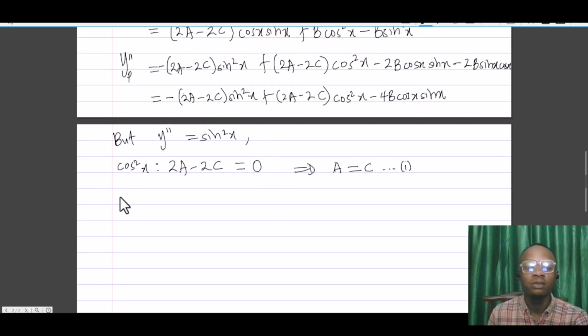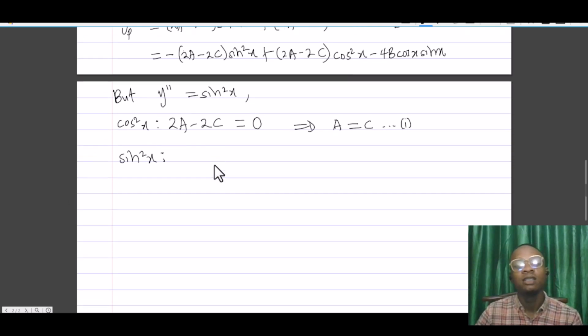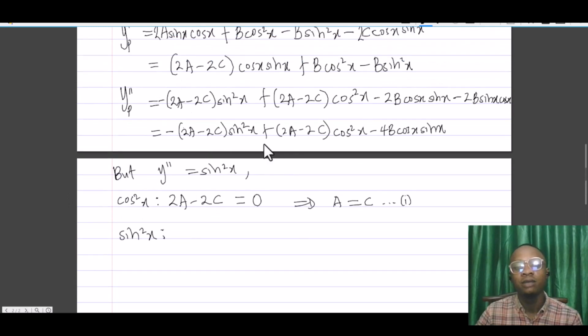We don't have enough details to solve that completely yet. Then we move to the next one. Sine squared x is present. Sine squared x will be right here in the second derivative, and its coefficient is minus of 2a minus 2c.